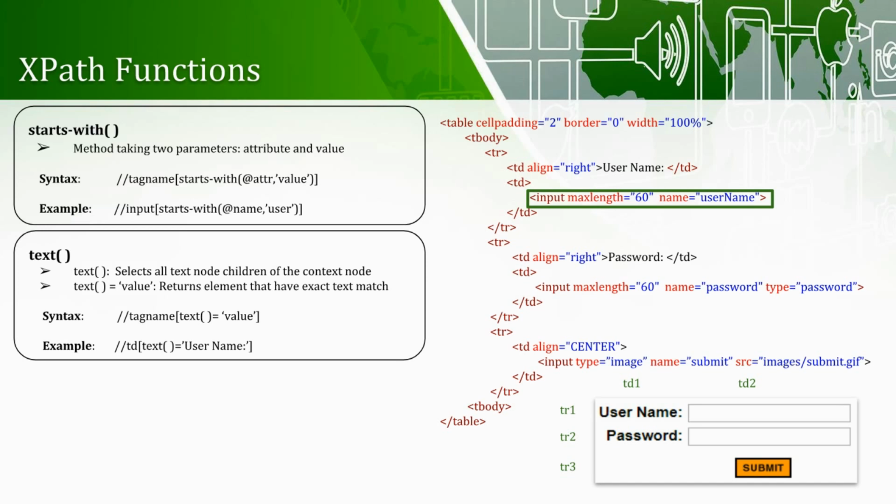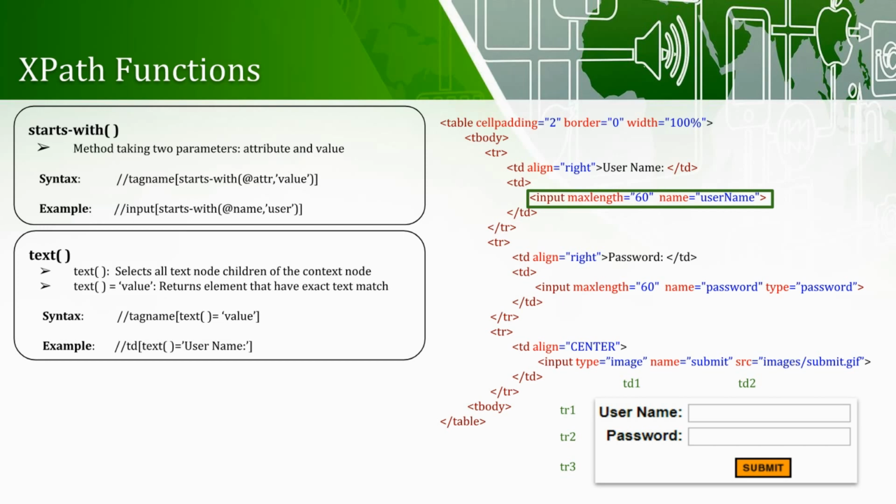Now what will happen here is the text function on the left hand side will return all the text node. Then it will match each text of the text node with the value on the right hand side. When it gets the exact text match, it will return the corresponding element. And therefore, we will be able to locate that element on the web page.